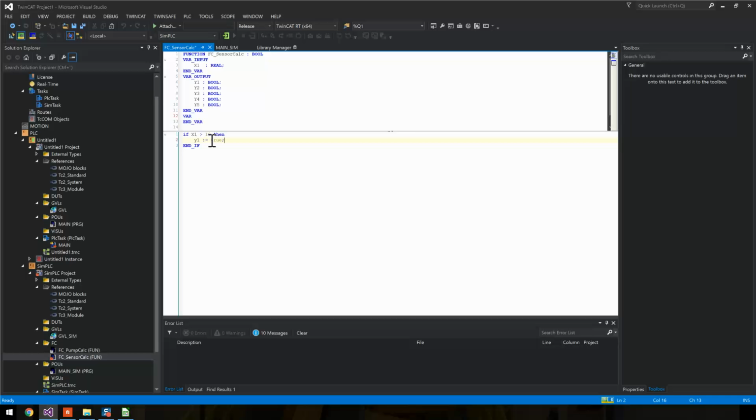So since it's all temporary here and there's no memory, we don't need to set it to false, but let's do it anyway. Else it's false. And we use small letters.